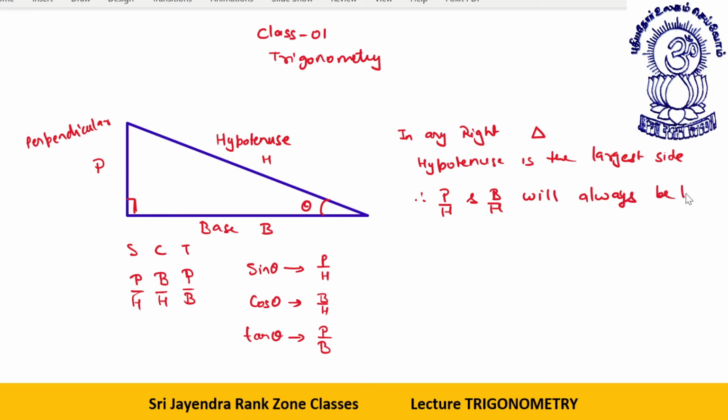Therefore, sin theta and cos theta are always less than 1.